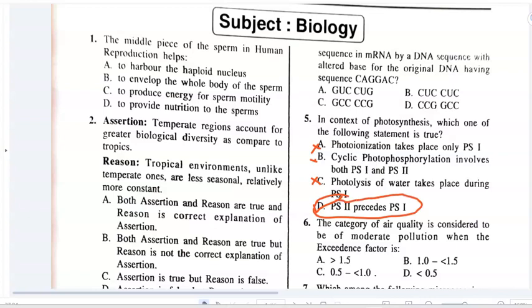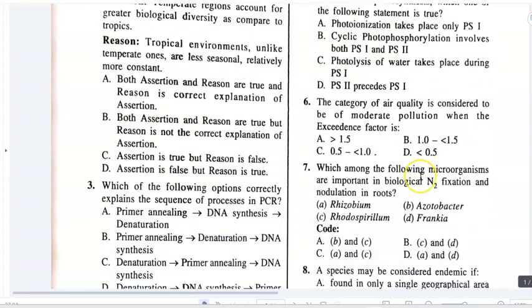Now the next question. The category of air quality is considered to be moderate pollution when the exceedance factor is what? What is the exceedance factor?